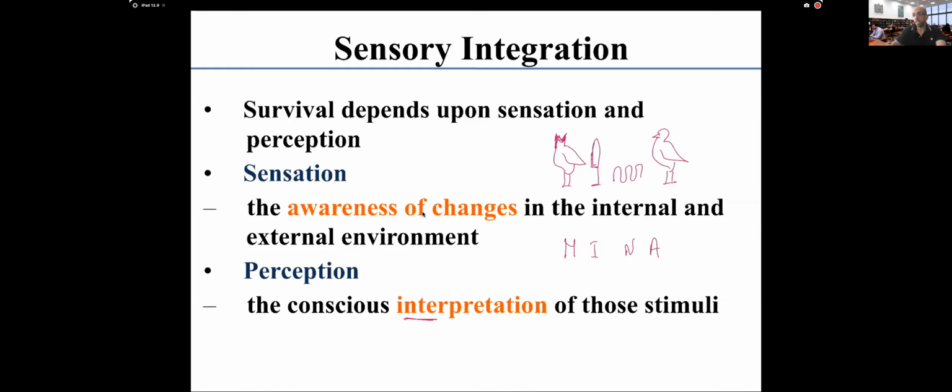So as you've created a memory that an owl is an M, a leaf is an I, water is an N, bird is an A. So you've created a memory of what you've seen. So now when you see it another time, what happens?